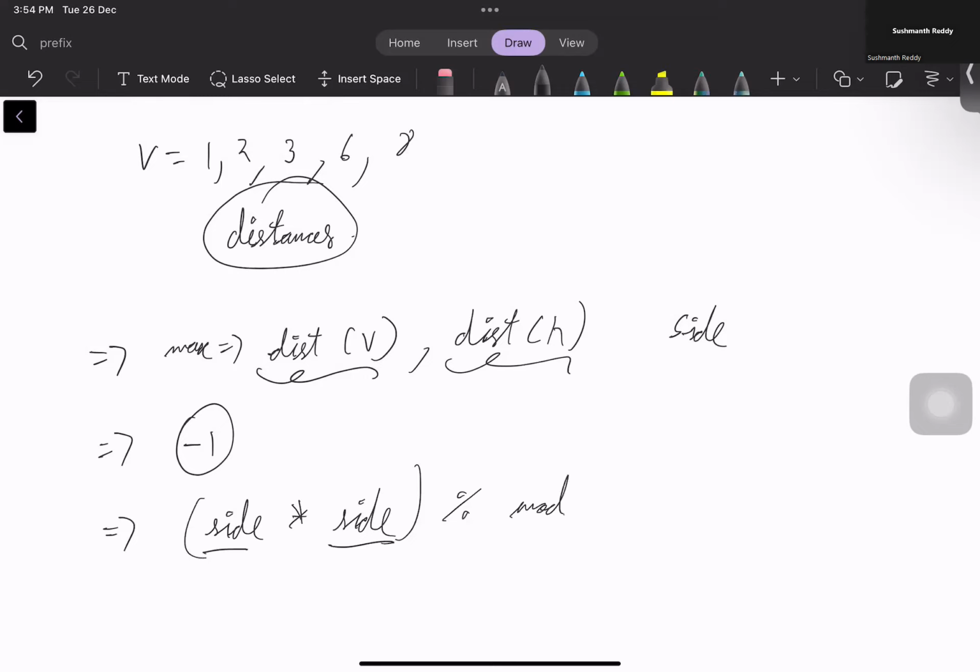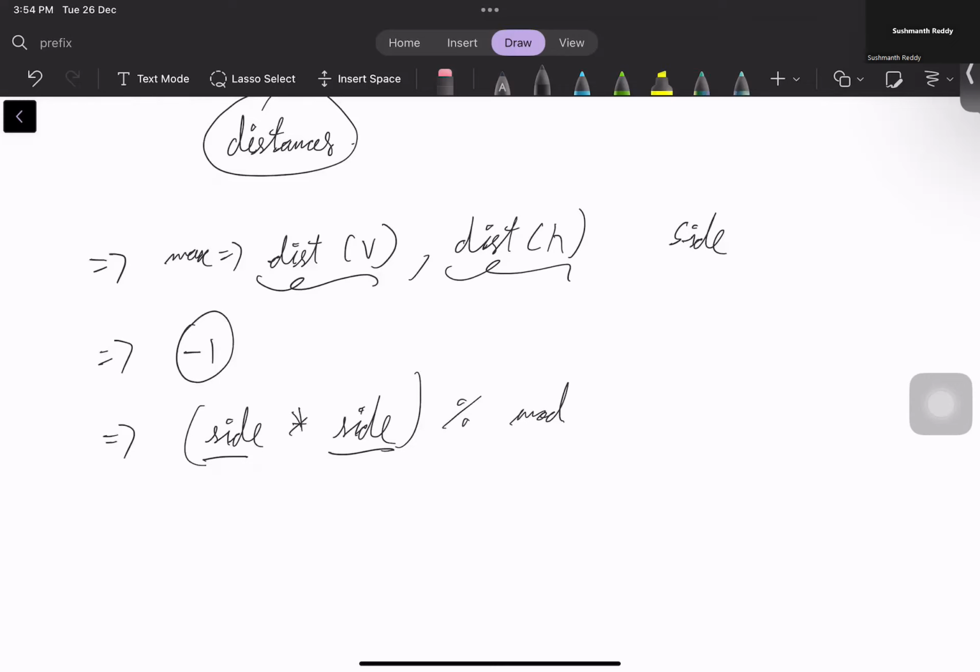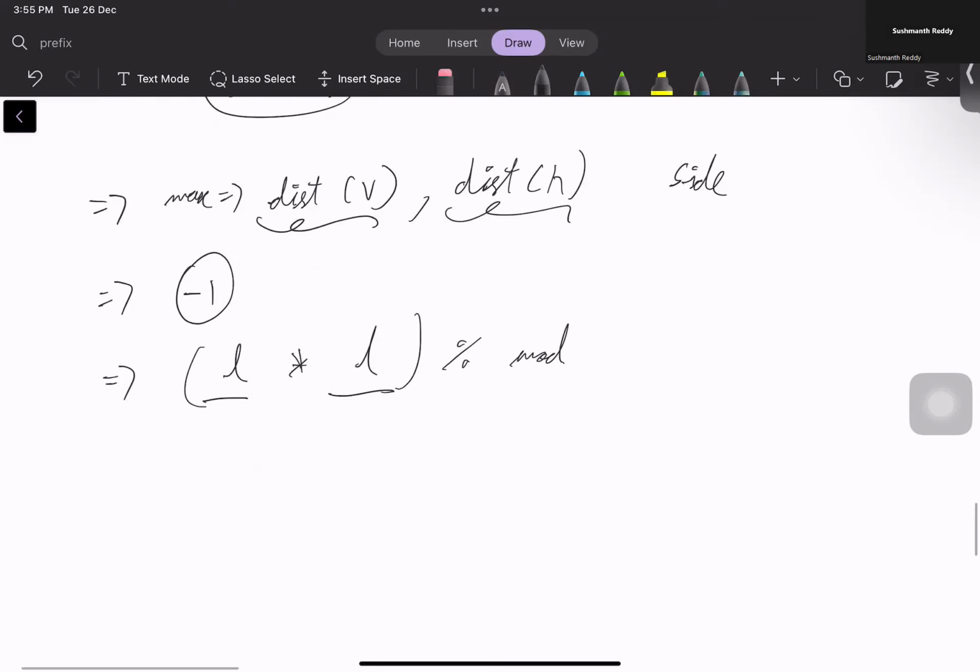So find out this maximum side L, then the area of the square will be the length of the edge of the square into the length of the edge of the square. Basically, length of the edge of the square whole square. That would be the area. As we need to print it modulo mod, we can just output L into L percentage mod.